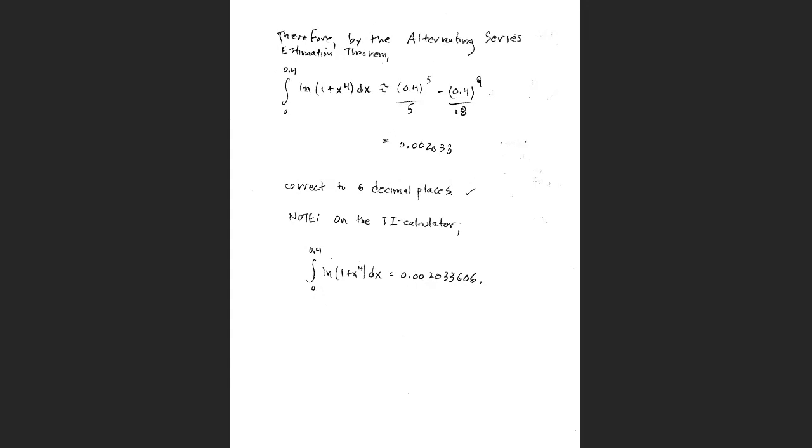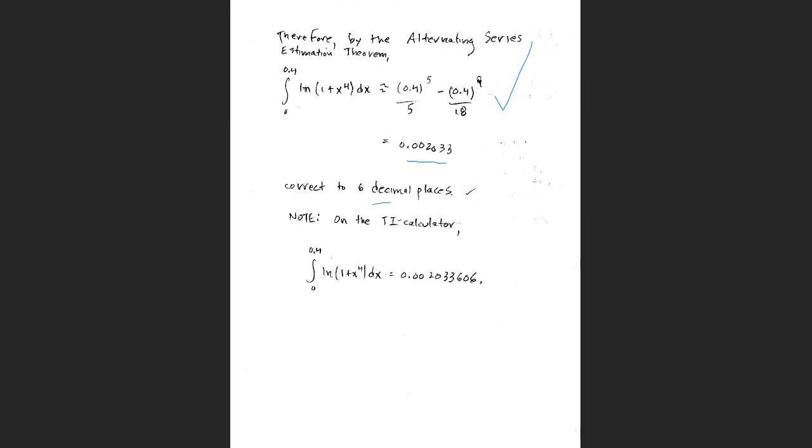By the alternating series estimation theorem, this definite integral is going to be approximately equal to 0.4 to the 5th power over 5 minus 0.4 to the 9th power over 18. And that gives us 0.002033.